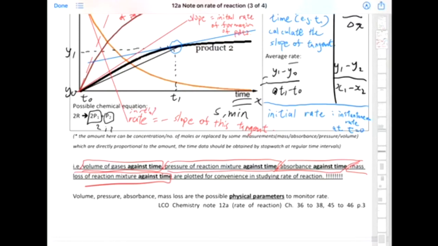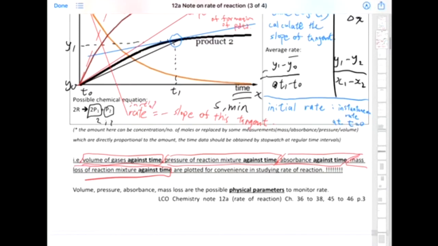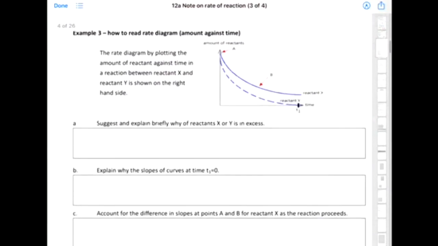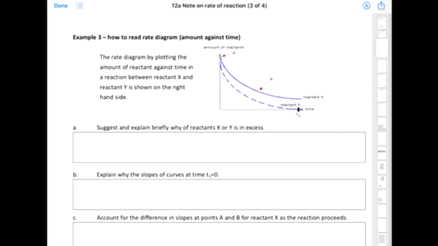Then page 4. And more on a rate diagram.